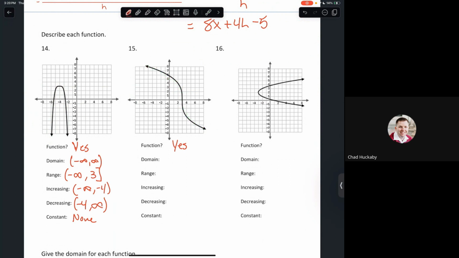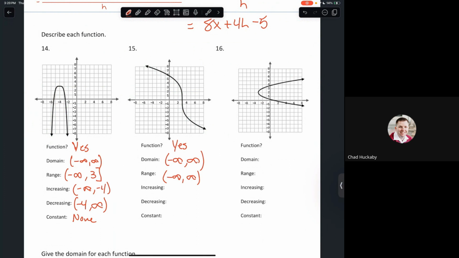So all the x values from negative infinity to positive infinity are possible. Domain values, range, same thing. We're going up, not very quickly, but we are going up, and we're going down in this direction. So our range will also be negative infinity to positive infinity, the y values.